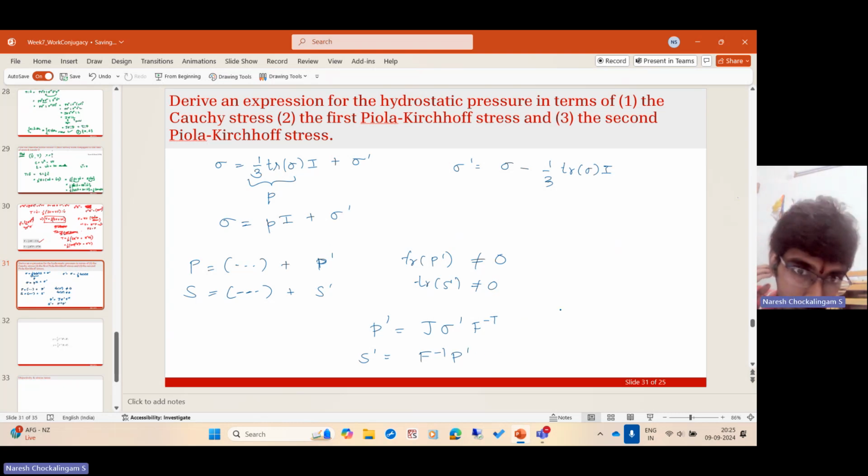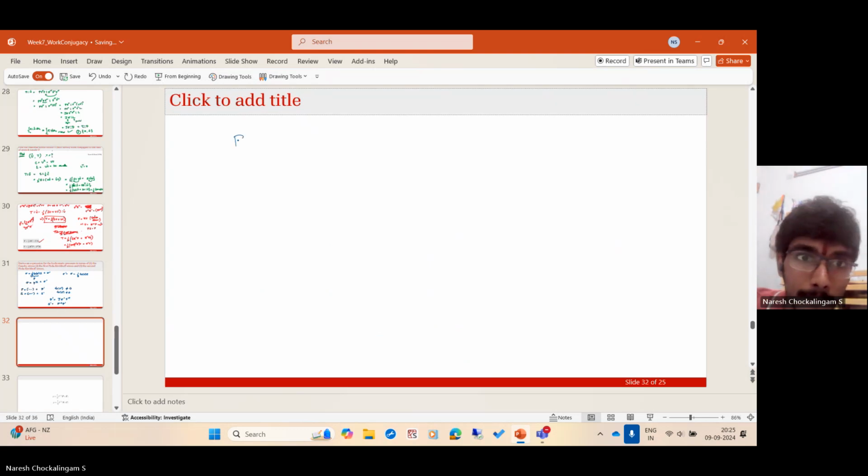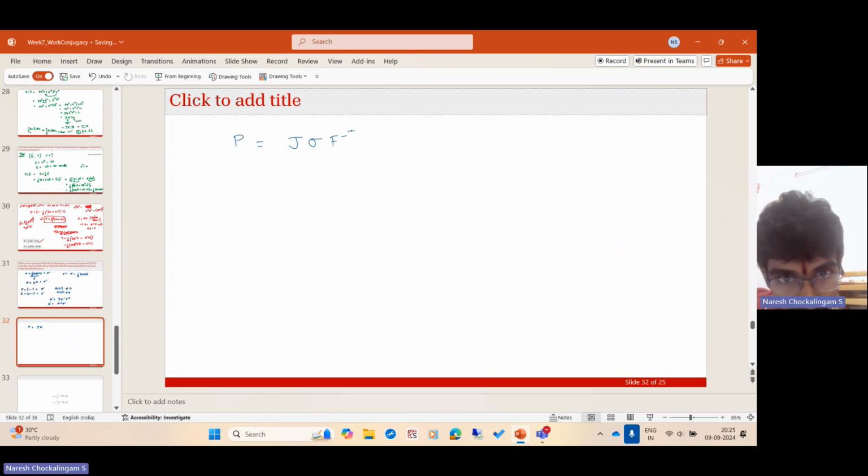So this should let us know what P in terms of P dash is. So P is equal to J sigma F inverse transpose, and P dash is J sigma dash F inverse transpose. But what is sigma dash?